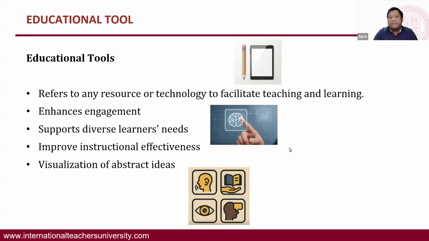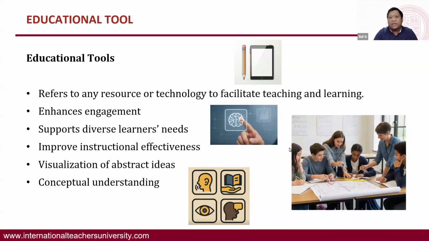It improves instructional effectiveness, visualization of abstract ideas, and conceptual understanding. Math is a very abstract concept, and some of the students don't really understand abstract things. That is why we need to make a concrete idea first, then apply it to the abstract so they can understand what is really happening in between.